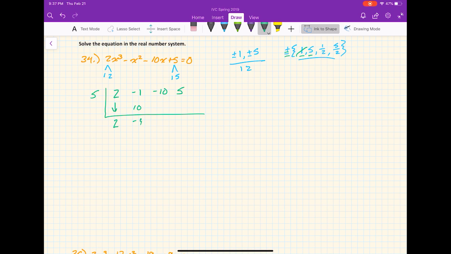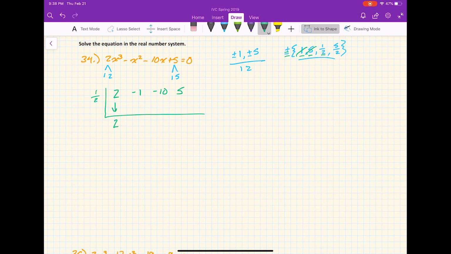That's -9, -9 times 5 is going to be -45. Add those together, you can see that's going to be -55. And -55 times 5 is going to be a huge number. It's obviously not going to get us to 0. So I can see this is going a bad direction.